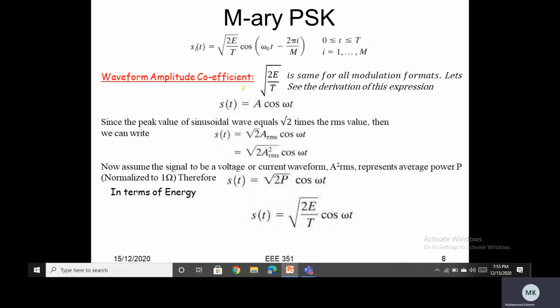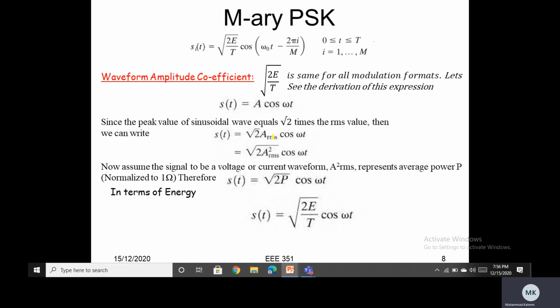This equation can be written simply as s(t) equals A cos(omega t), where A is the peak amplitude of the sinusoidal wave. Since the peak value of a sinusoidal wave equals square root of 2 times the RMS value, we can rewrite this equation as s(t) equals square root of 2 A_RMS cos(omega t).